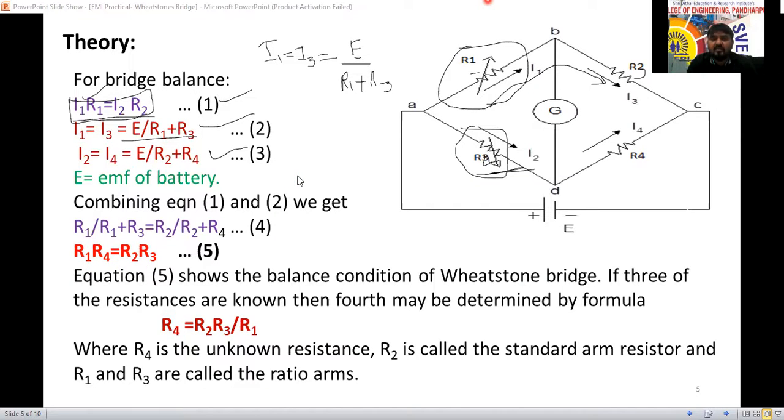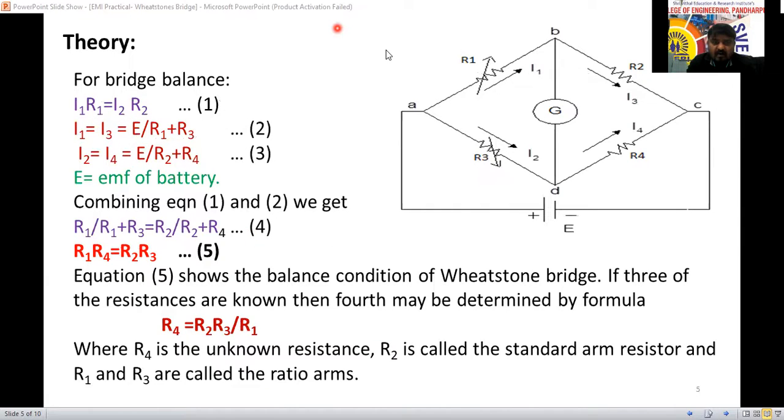I don't know how many of you are understanding or you are getting confused. Let me write this equation here. It will be like this: R1 divided by R1 plus R3 equals R2 divided by R2 plus R4. Remember, after this we will also do the practical in half an hour. We can write the equation like this.